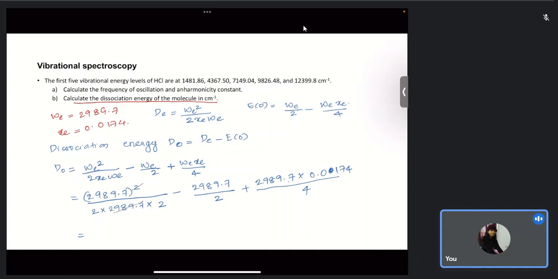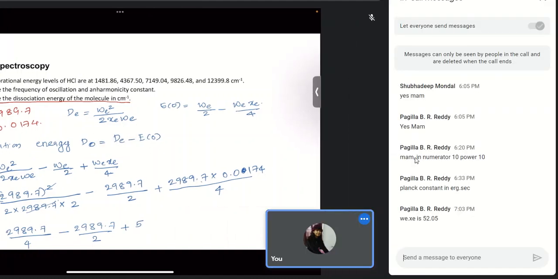This one we can negate, so this is 2989.7 divided by 4 minus 2989.7 by 2 plus, as you say, someone has told that it is 52.05.